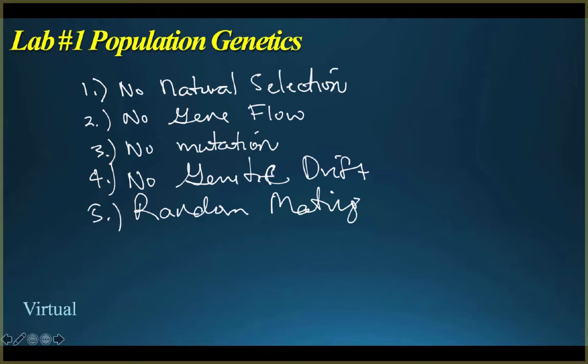It just means that the individuals in the population are able to choose who they mate with. There are not certain conditions based on that. So if these conditions are not met, the population would not be in Hardy-Weinberg. It means they won't be in equilibrium. Thus, the gene frequencies, P and Q, and the genotype frequencies, P squared, 2PQ, which I'm going to talk about here in a second, will be changing.